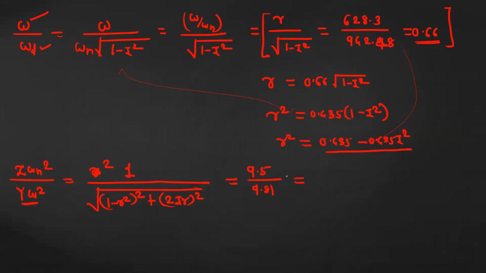So this ratio 9.5 upon 9.81 is equal to 0.96.